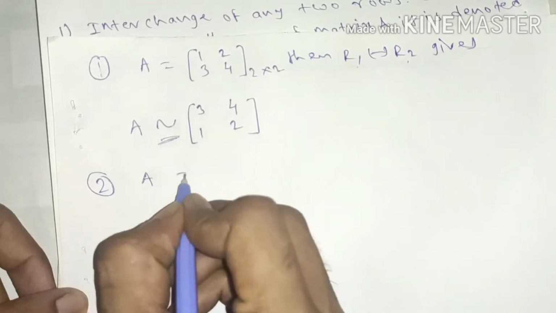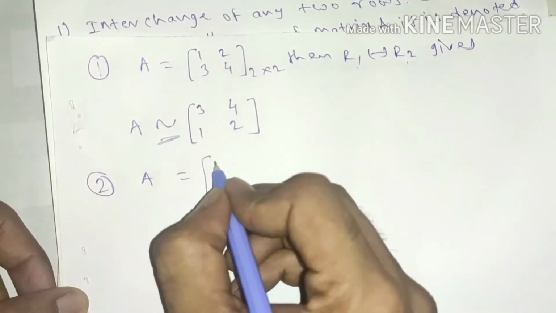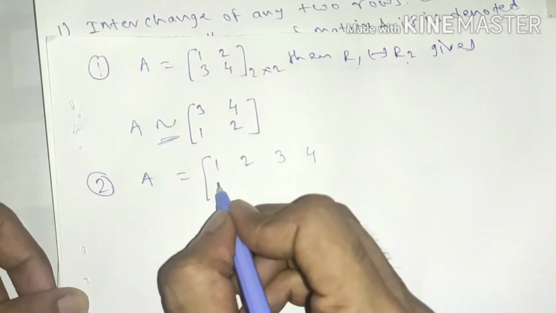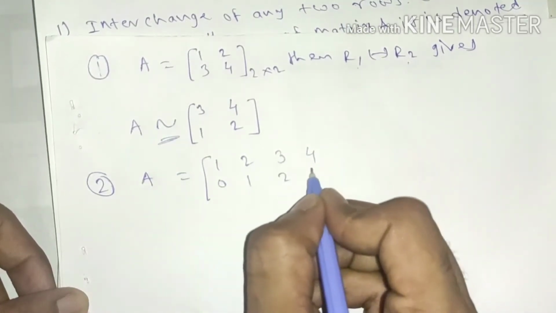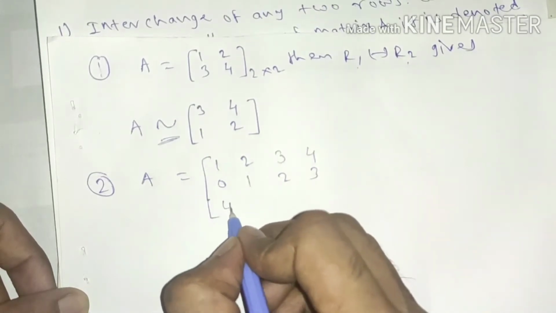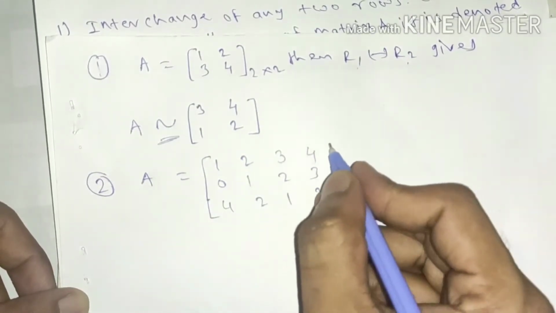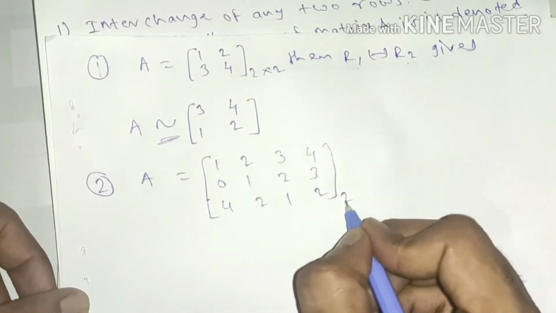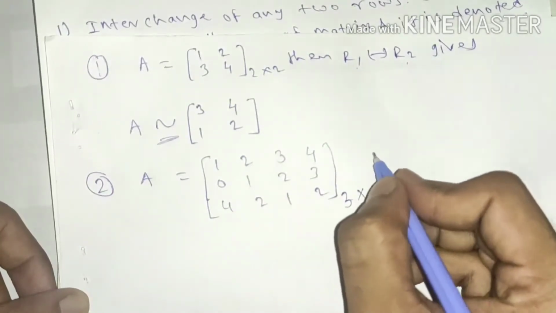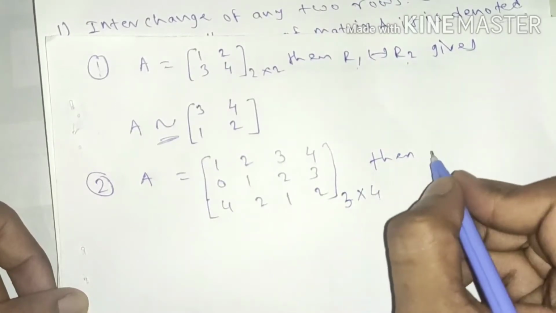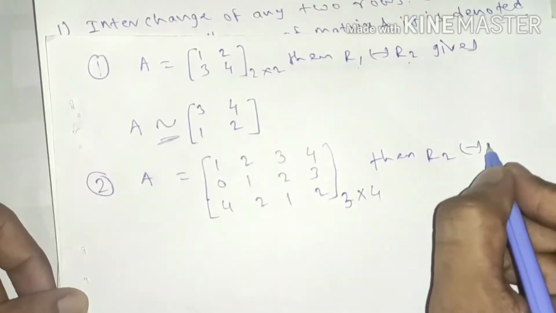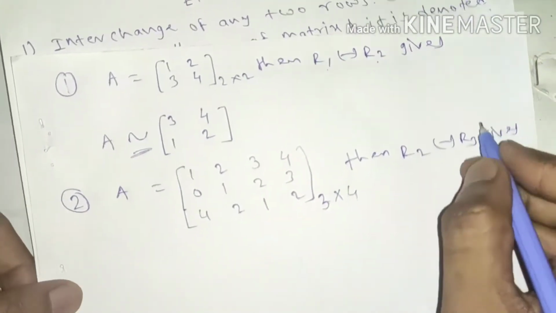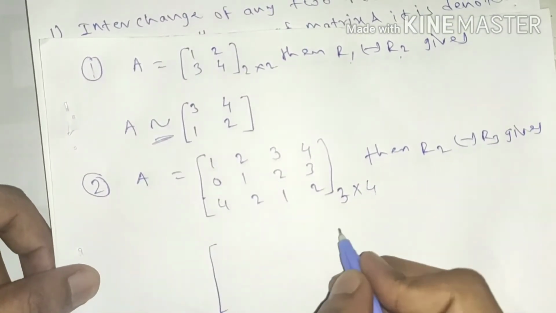A is a given matrix [1 2 3 4; 0 1 2 3; 4 2 1 2]. The order of this matrix is 3 cross 4. Then R2 changes to R3 gives the new matrix.